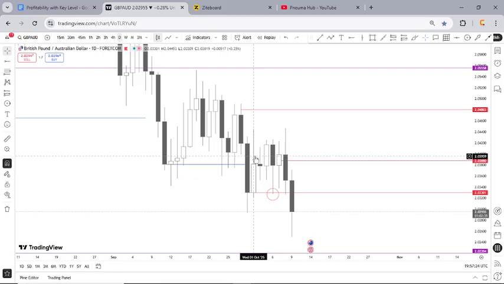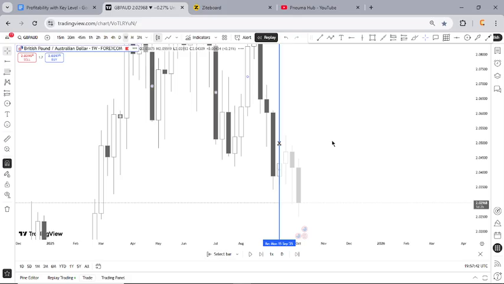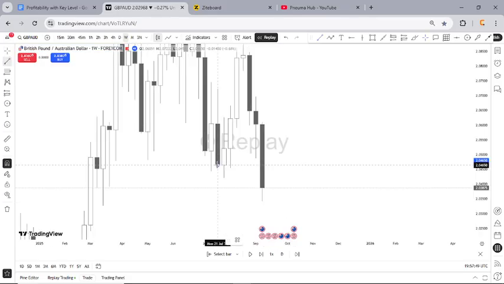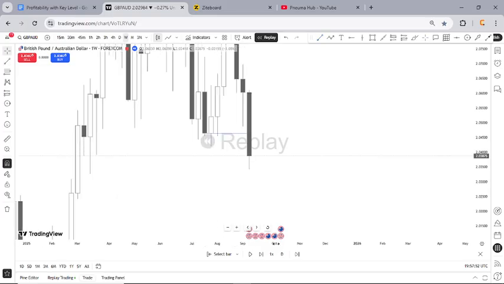So now, knowing fully well, let me delete all my chart. I love to make my chart clean. Knowing fully well that the recent breakout, let me use replay at this point. Knowing fully well that the recent breakout on weekly is to the downside, I want to come into the new month.